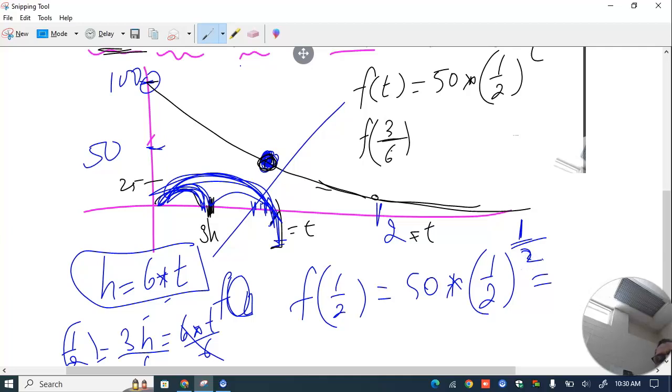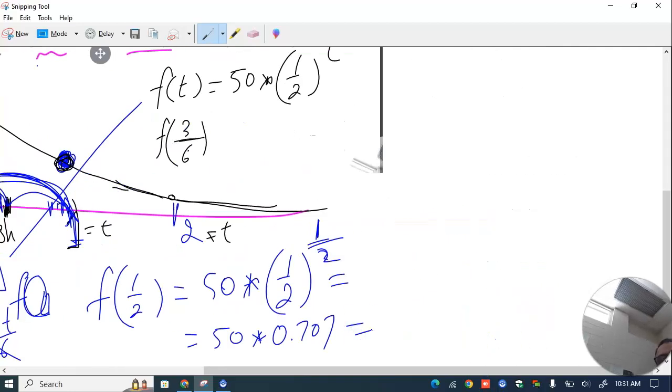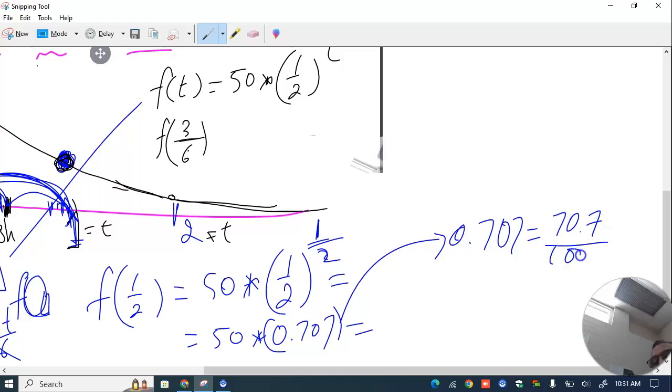Okay. And when you use the calculator, what is half raised to half? You get 0.707. Now what this means is, within 3 hours, multiply by 100 and divide by 100, it's 70.7 over 100, which is 70.7%.